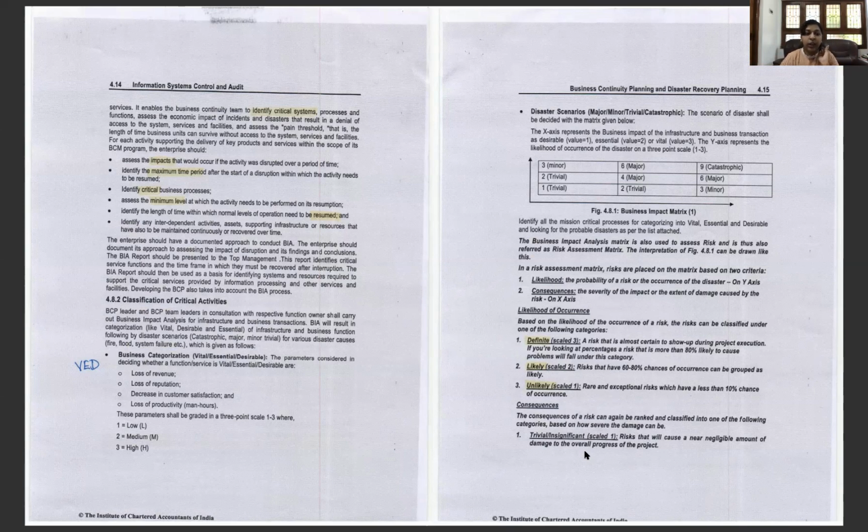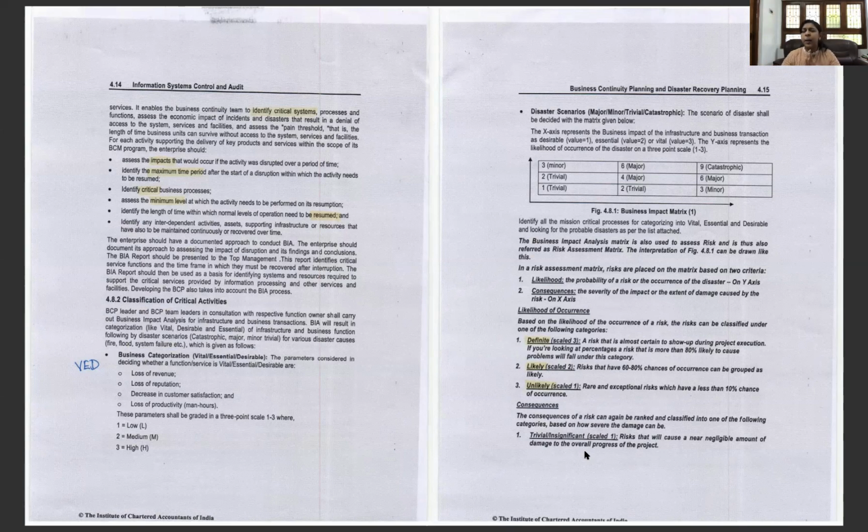Then we'll be looking into the maximum time after the disruption within which we can start the activity. And then what is the critical business process? The minimum level of activity that should be performed, and then within how much time we can resume the normal level of activity. So this all comes in the business impact analysis.